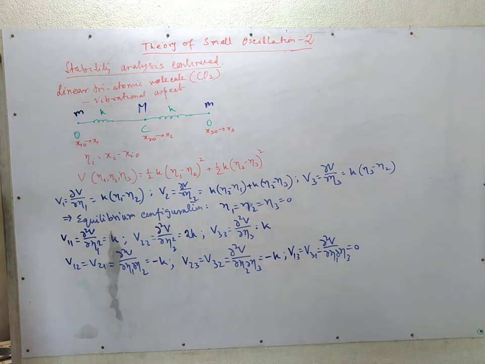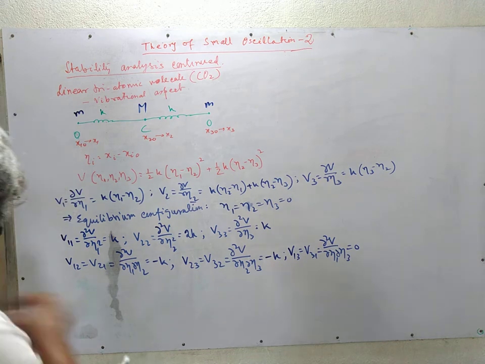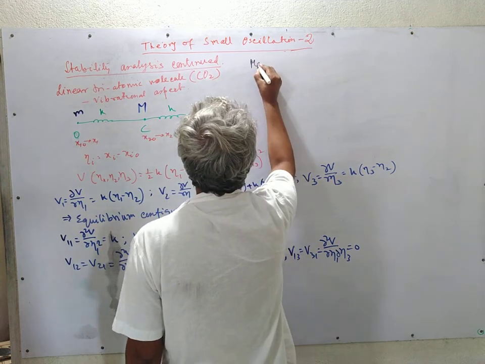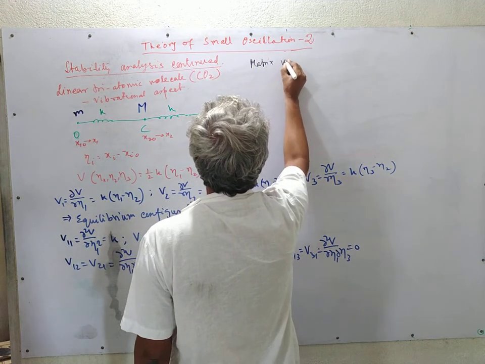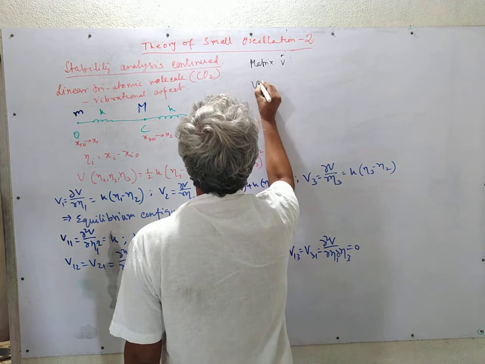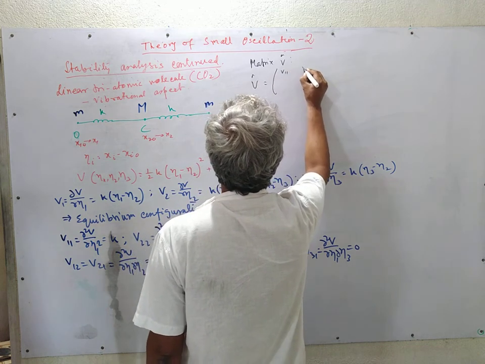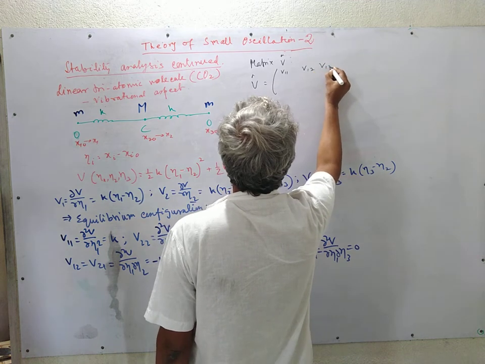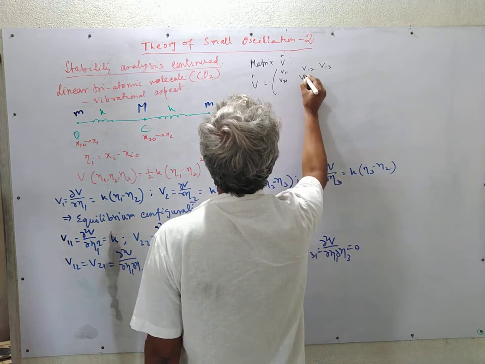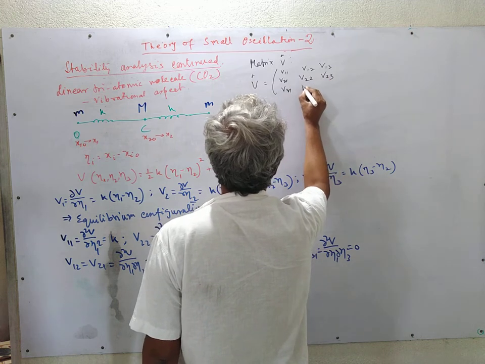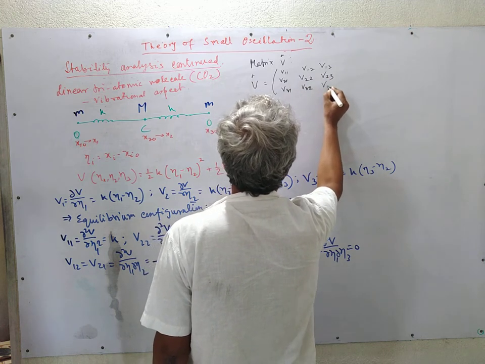So we get the matrix for V. The V matrix is V11, V12, V13, V21, V22, V23, V31, V32, V33.